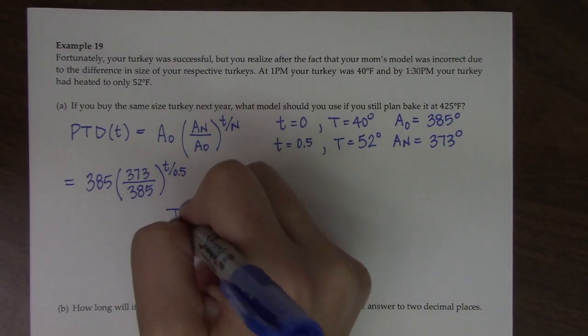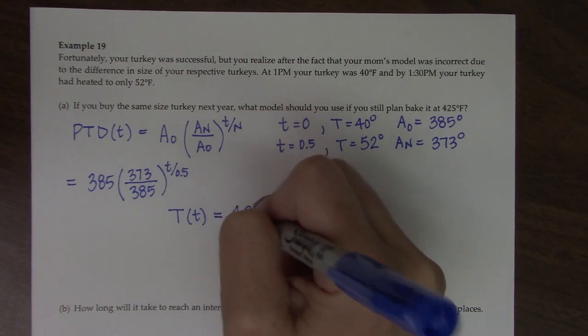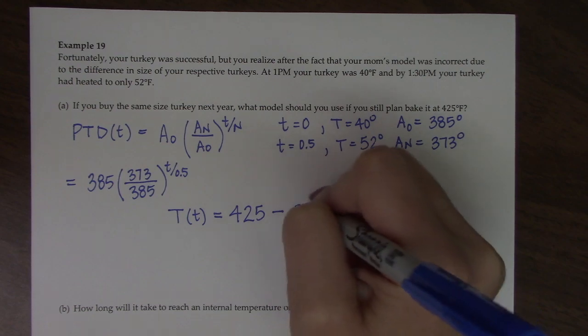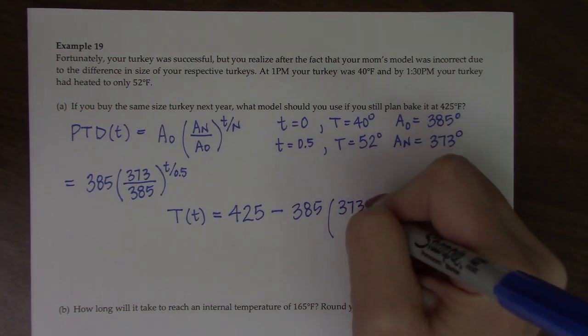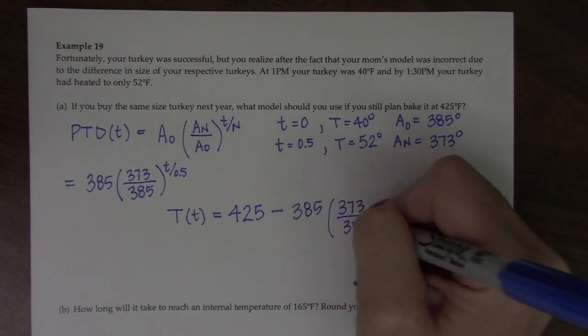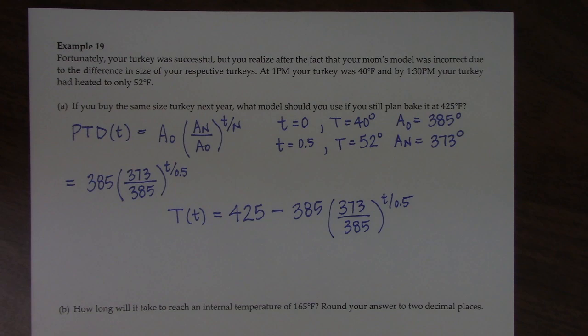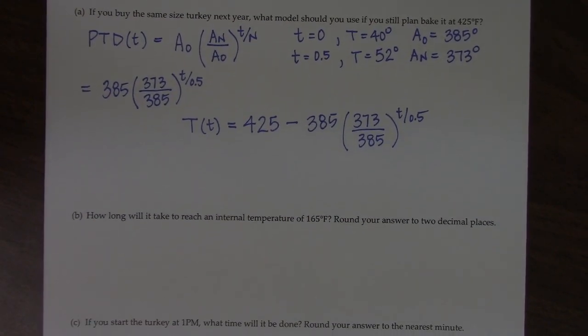The actual model for the turkey says take the temperature of the oven and then subtract this model from it. So this is the model we should use if we want to try the same experiment the following year.